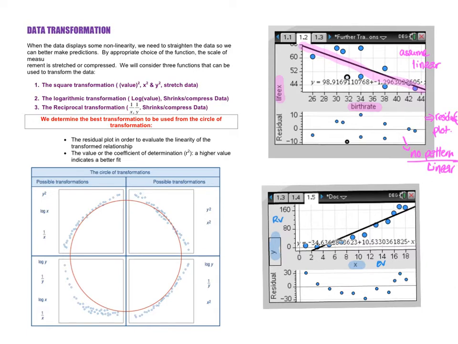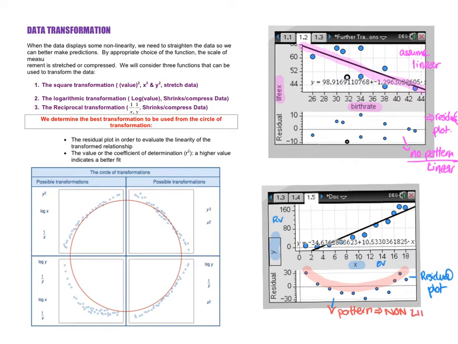So we did a residual plot down here. With this residual plot, you see a pattern. Can you see it's sort of like a curve in there? So it's not random, it's got a pattern. When it has a pattern, we're going to say that it's non-linear.